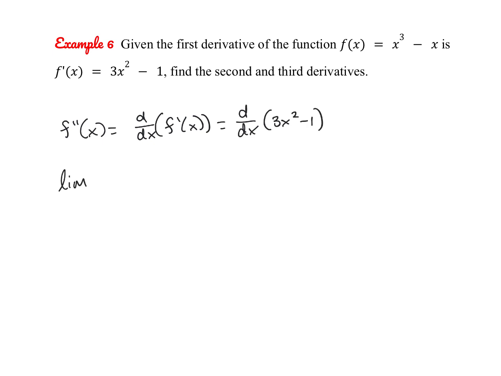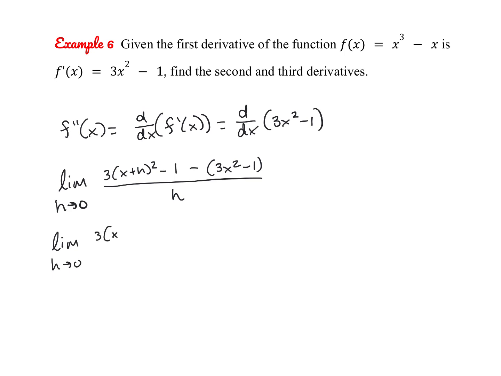Again, we can use our limit process here. So we're going to do 3 times x plus h squared minus 1 minus 3x squared minus 1 over h. Then this we just need to simplify out a little bit.